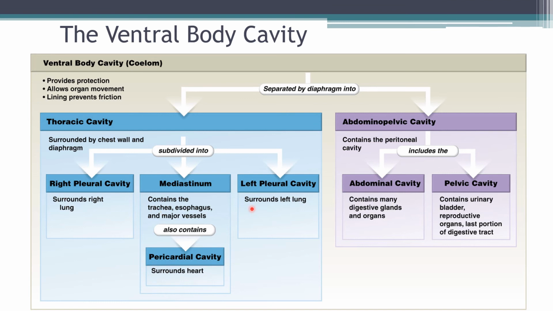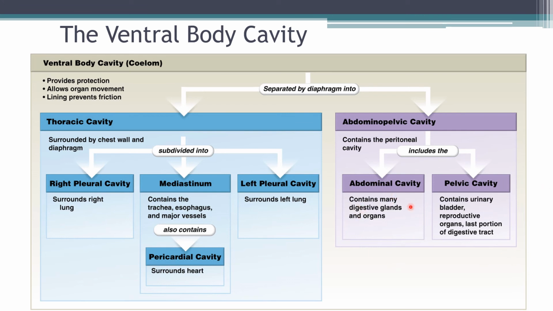It also shows you some of the organs inside. Now, I mentioned most of these, right? The lungs and the pleural cavities, the heart and the pericardial cavity. But I didn't mention the mediastinum because it wasn't in the previous image. But you'll see things like the trachea, the esophagus, and major blood vessels in this mediastinum. So here's your abdominal pelvic cavity, which is another box containing that peritoneal cavity, like I mentioned, but also includes the abdominal cavity and the pelvic cavity.